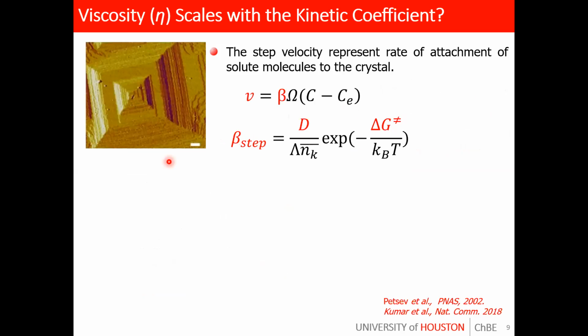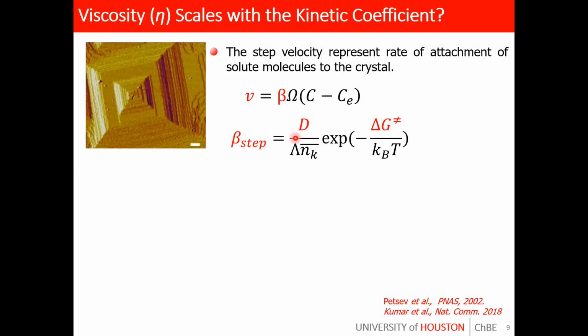Moving on to the kinetics of crystallization. So the crystals grow by spreading of layers, and these are the layers of crystal. This is just a general example of crystals growing by formation of layers. And the step velocities are the rate of attachment of solute molecules to the crystal. So beta is the step kinetic coefficient, or the rate of incorporation of solute molecules into the growth sites.